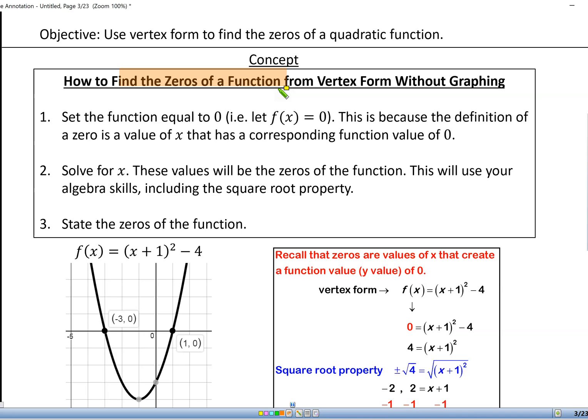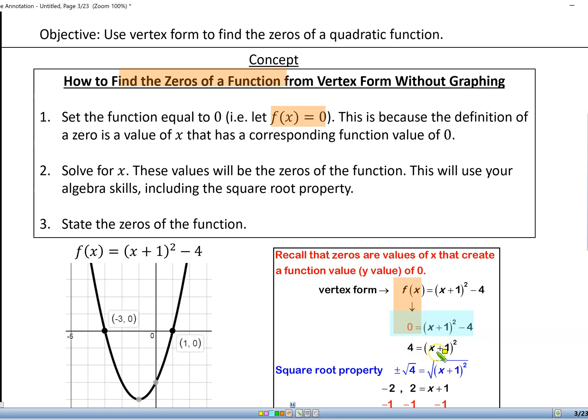So we let y, which is often represented by f of x, become the number 0. That's the first step. f of x becomes 0 because zeros produce a y or function value of 0. Then we'll have a quadratic equation that we can begin using our undoing algebra on towards using our square root property.